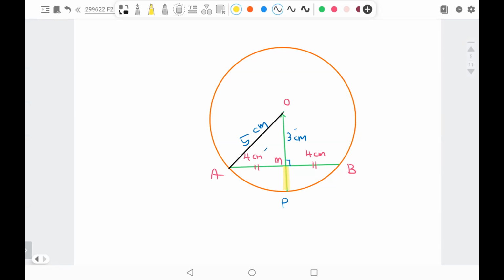So O to A is 5, O to B is 5, O to P also 5 cm. So how do we find MP?